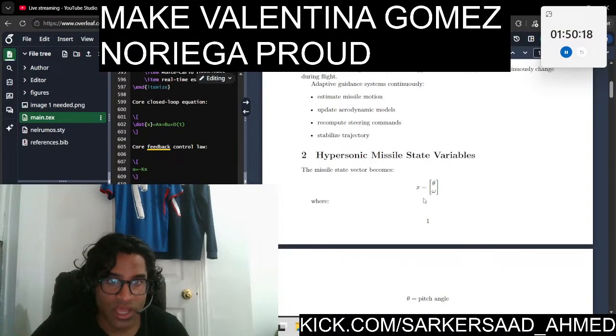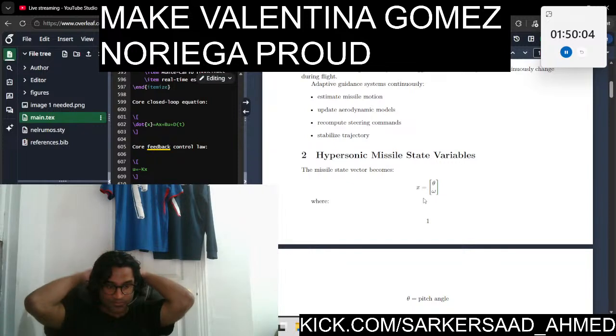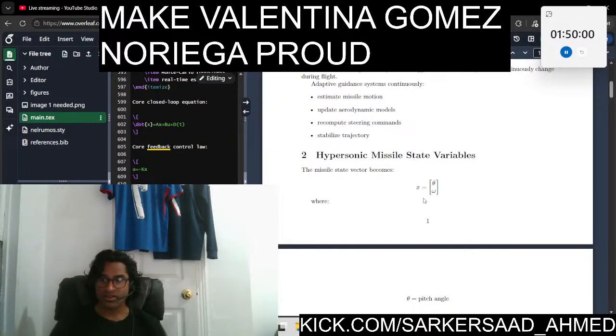Cool. Hypersonic missile. So the missile state vector becomes x is theta and omega, theta being the pitch angle, omega being the angular velocity. So if I were to say that it's going to go up, the velocity of the missile, let's say, is moving at 50 meters per second.